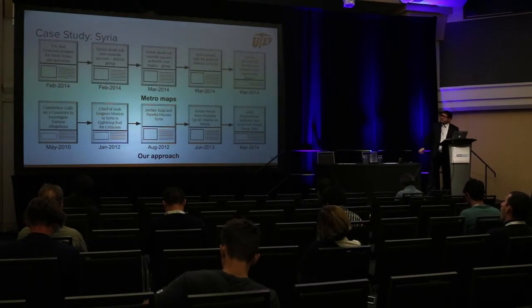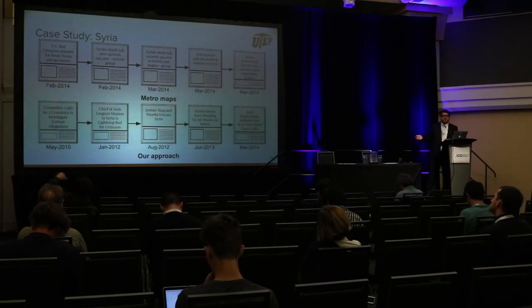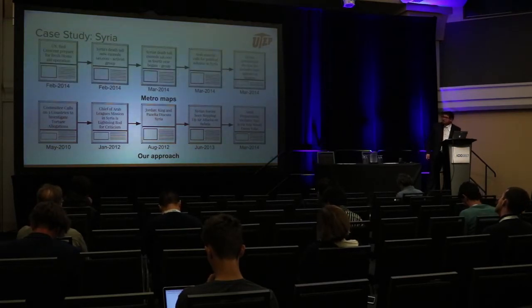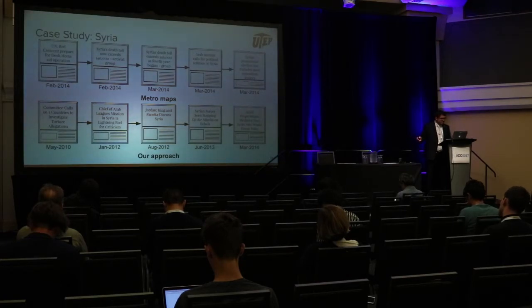And here's a case study that we did with state-of-the-art metro maps. This is actually from Dr. Leskovec's lab, for Dr. Daphna Shahab. In this case, the metro maps output is very similar.